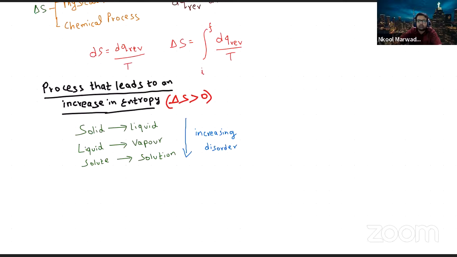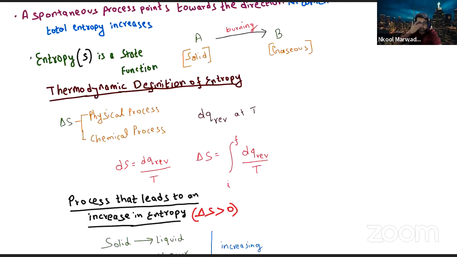So this is also clear. Now we will be discussing entropy for an isothermal expansion of a perfect gas.